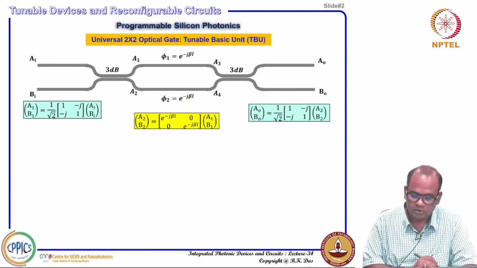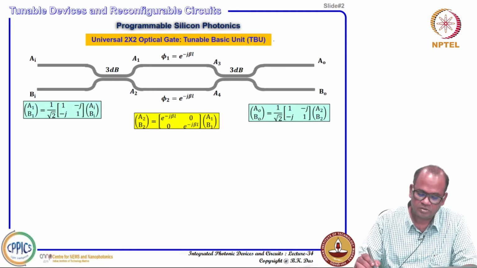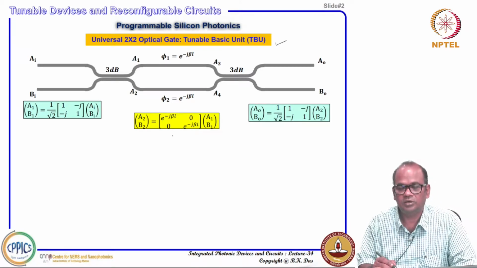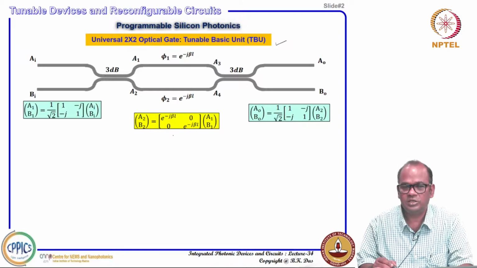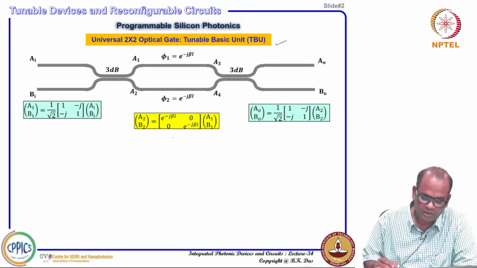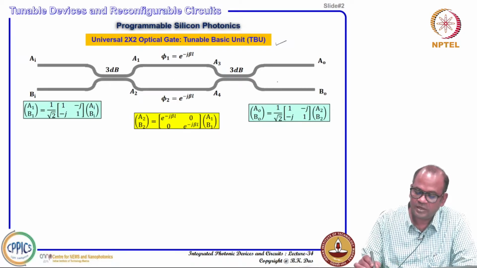Now let us see how this universal 2x2 optical gate is conceived. If you see the passive structure first, this is a waveguide structure. It is like a 2x2 Mach-Zehnder interferometer.